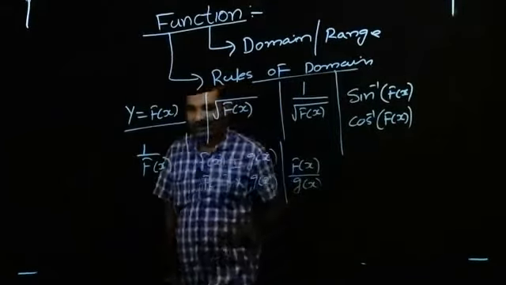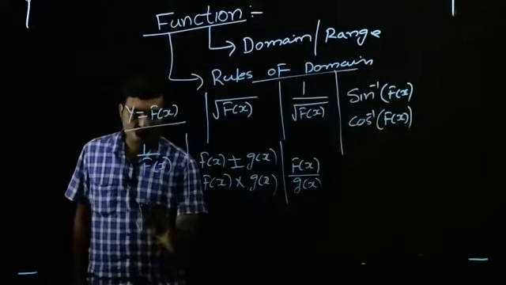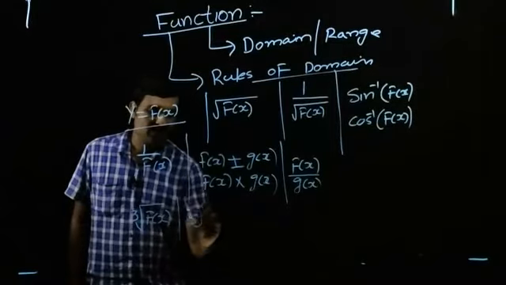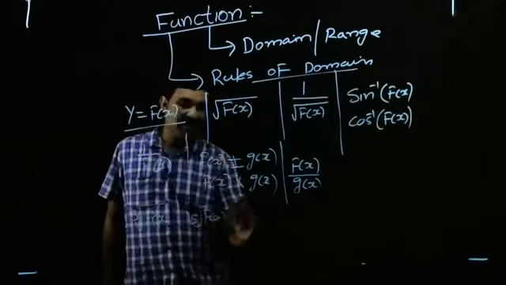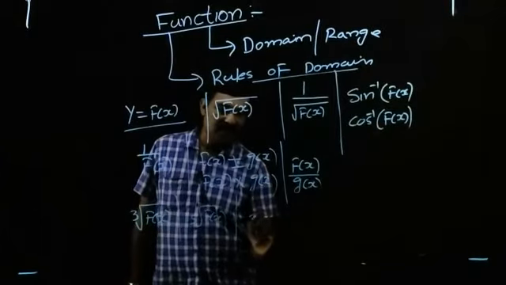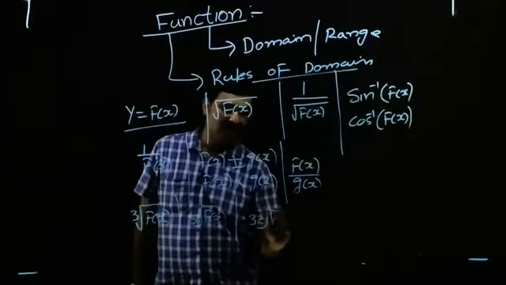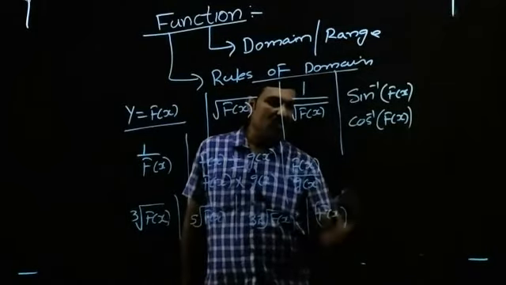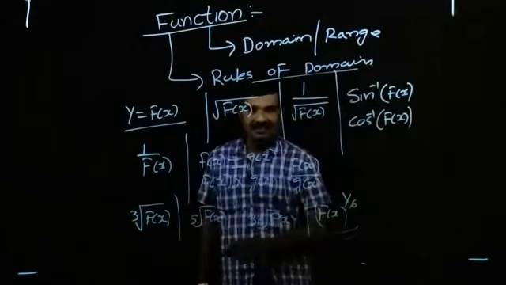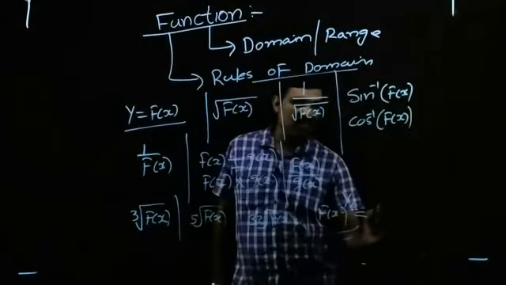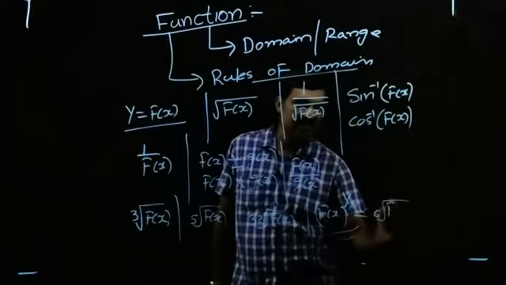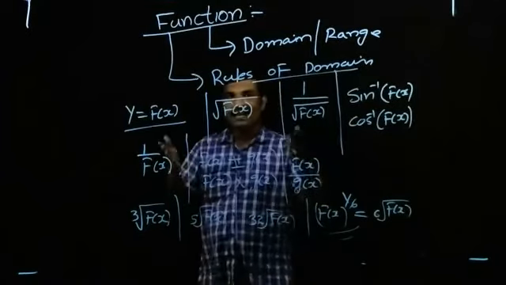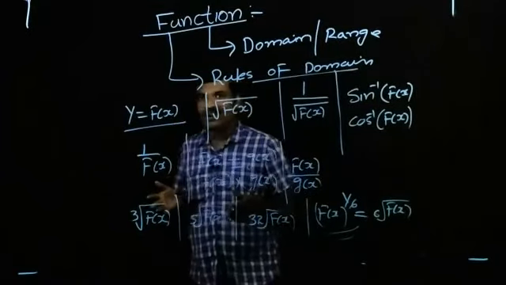Or suppose we have an odd root, cubic root of f of x, or fifth root of f of x, or some even root of f of x, suppose 32nd root of f of x, or f of x raised to 1 by 6. This implies sixth root of the function. That is an even root. Now we have some rules for determining domain. In all these cases, we are going to discuss it.